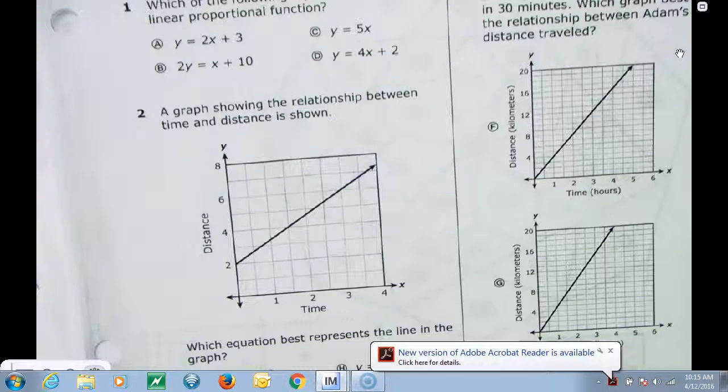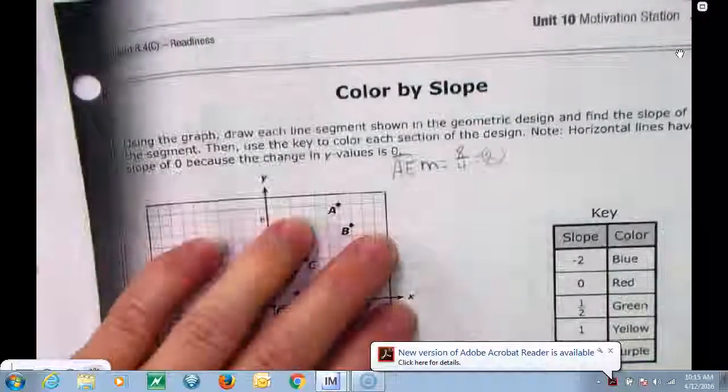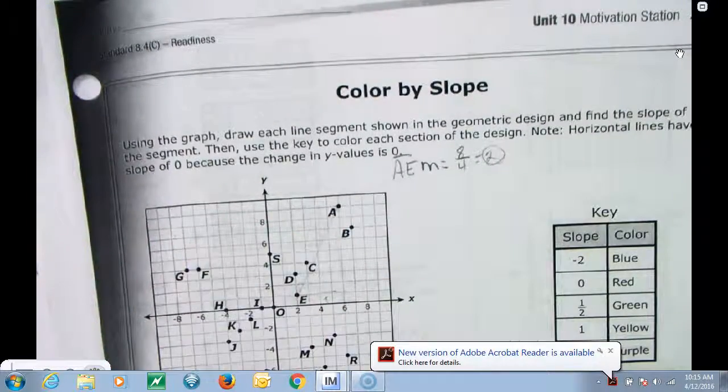Do that first and turn it in, and then work on that. Y'all need a blinder or move to do the front side of this. Once you get the front side done, this. I'm not talking to you people that owe me something. I'm talking about this right here. When you get the front side of that done and turn it over to do the color by slope, then you move back or move the blinder.